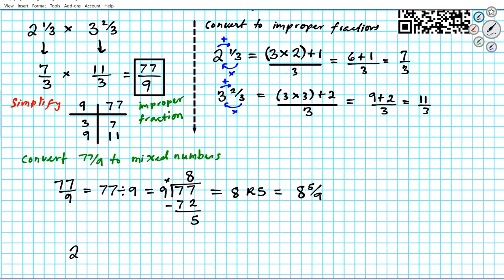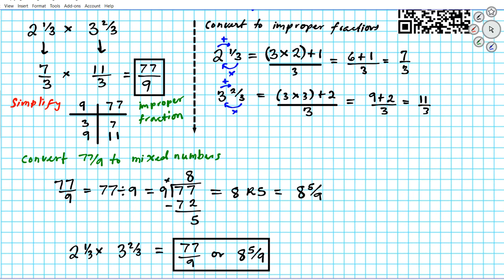The product of 2 1/3 and 3 2/3 is equal to 77/9 in improper fraction form, or 8 whole number 5/9 in mixed number form. Let's box out our answers and take a look at the next example.